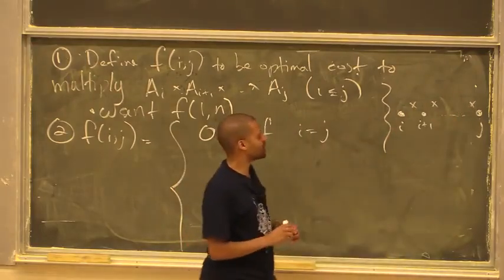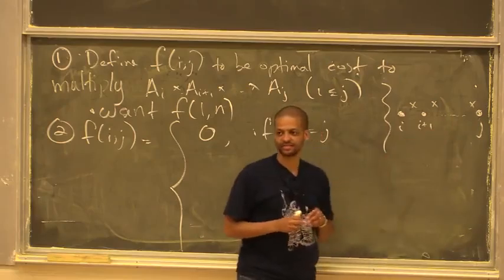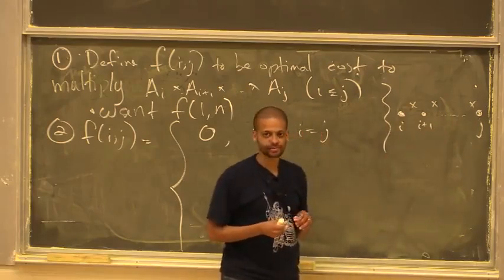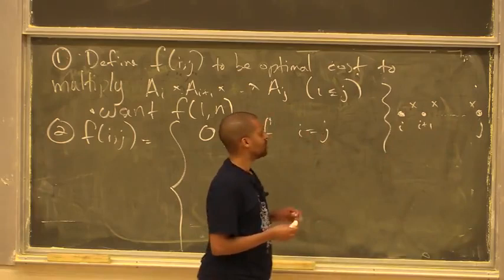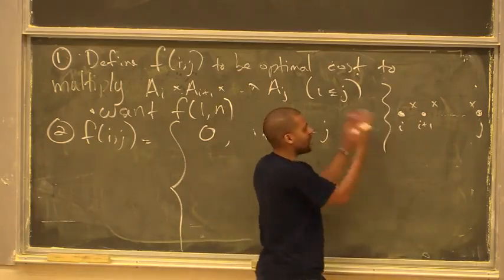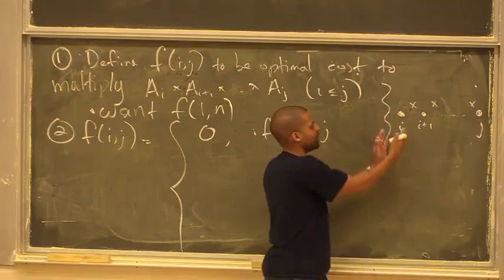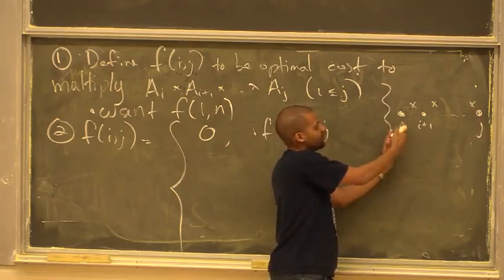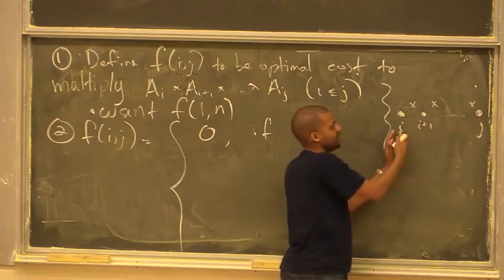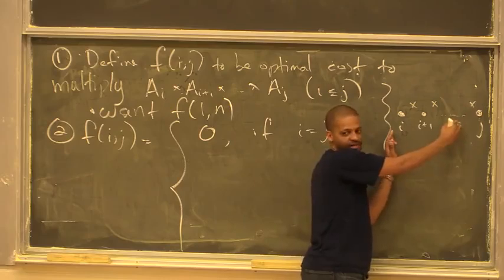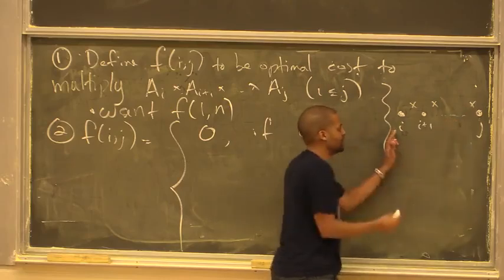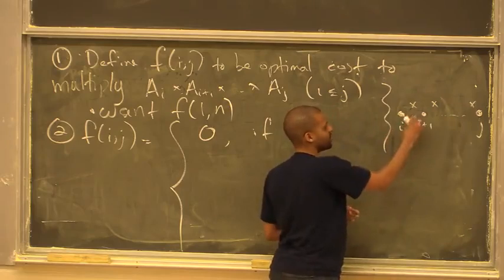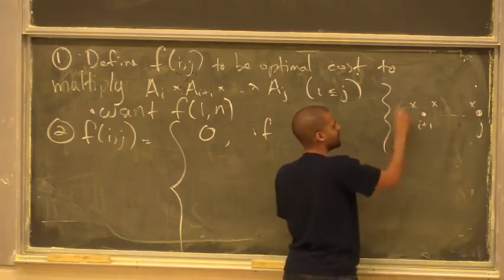We're optimizing over the choice of which of these multiplies to do, right? Which means the smallest that our left interval could be after we do the multiply will be just containing I. And the widest that our left interval could be is to go all the way up to j minus 1, right? So there's going to be at the end two intervals, right?